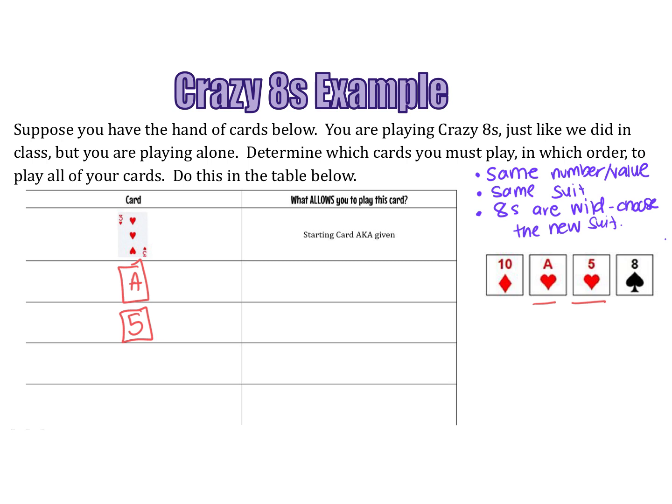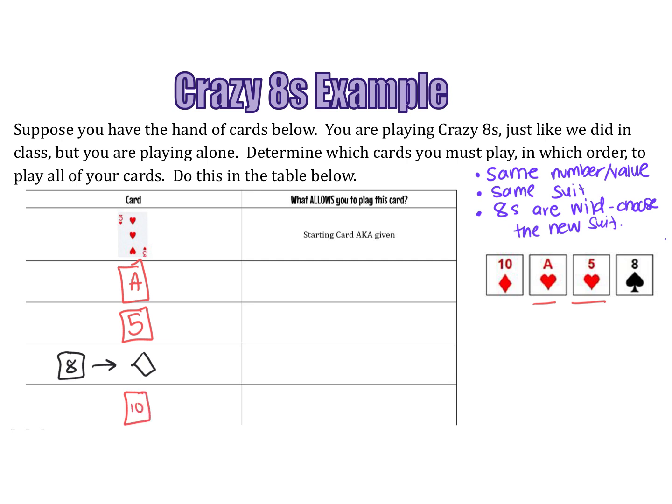And now I can't play the 10 because even though the 10 is also red, it's not a heart, it's a diamond. So the only card that I could actually play now is the 8 of spades. And I could change the suit to be diamonds. Which means I could then play my last card, which is the 10 of diamonds.